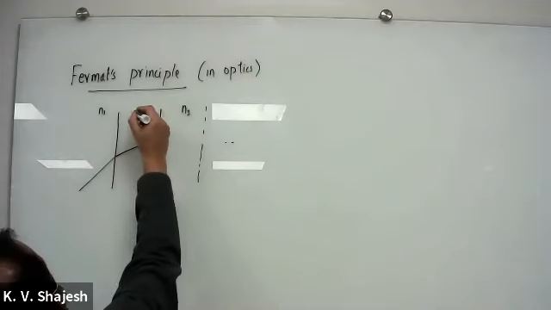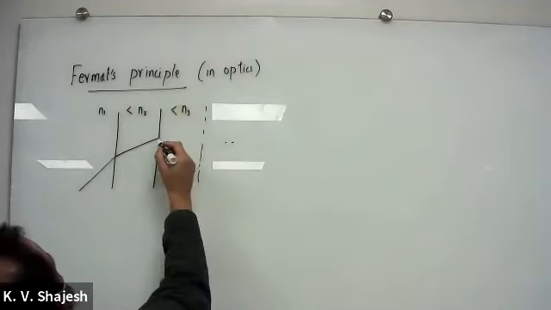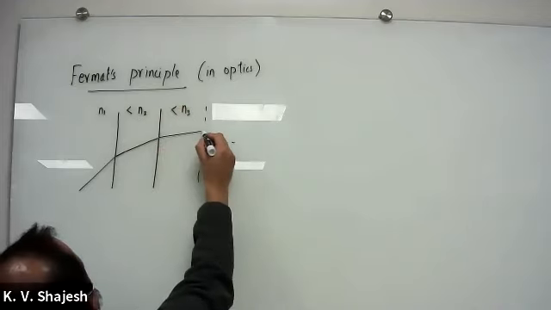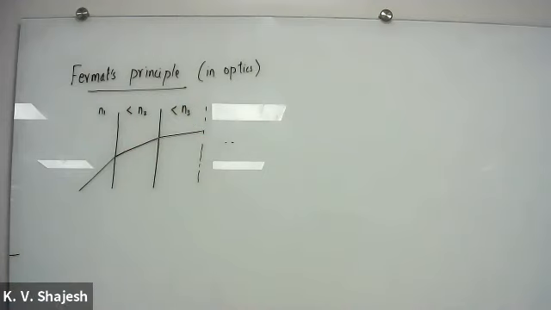Let's say N3 is greater than N2. Then it will bend a little more, and this will keep going like that, right? And at each point, Snell's law is obeyed.